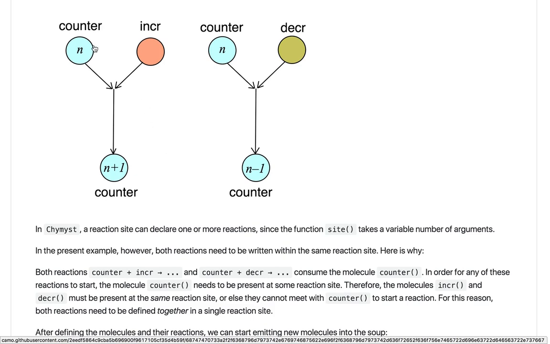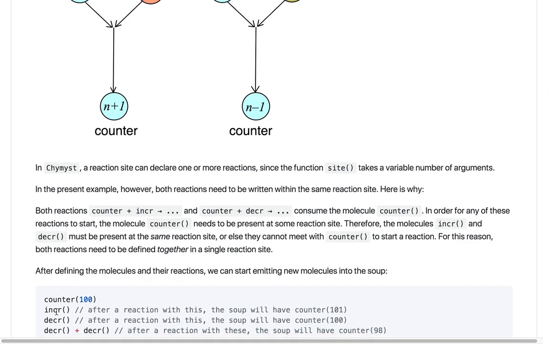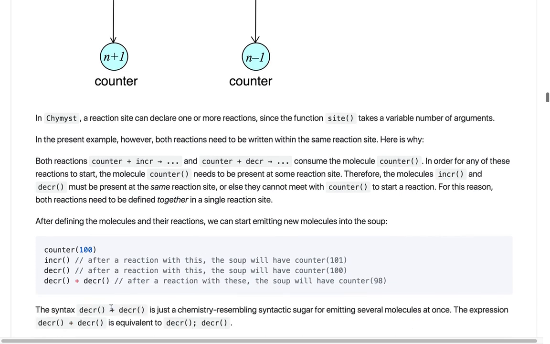Clearly we need to emit 1 counter molecule. So let's do that with some initial value. Doesn't matter what value for now. Could be some reasonable initial value. Then let's emit some more molecules, increment and decrement. Now this syntax is just equivalent to emitting several molecules, one after another.